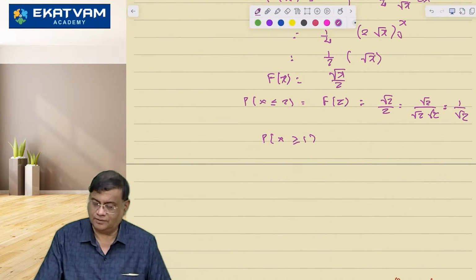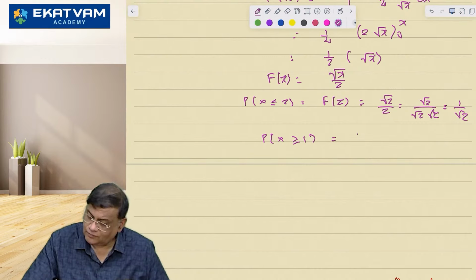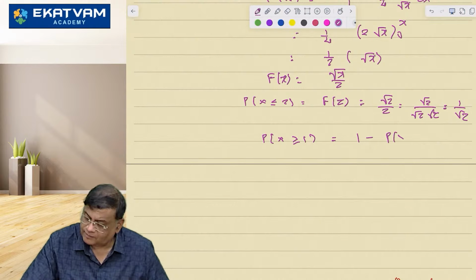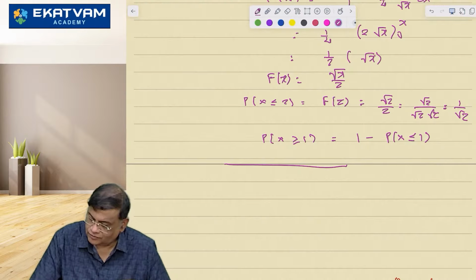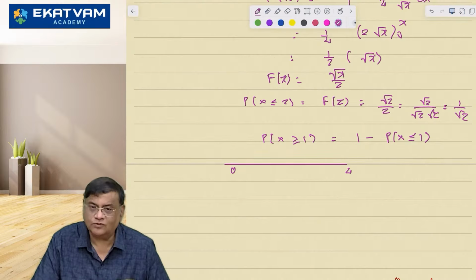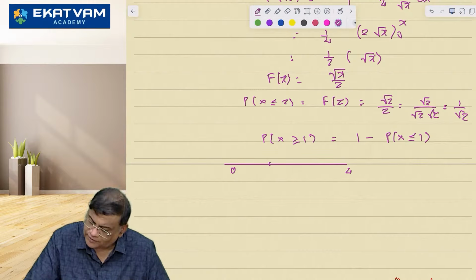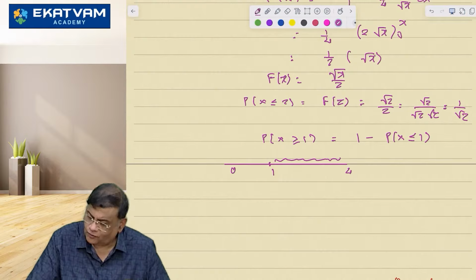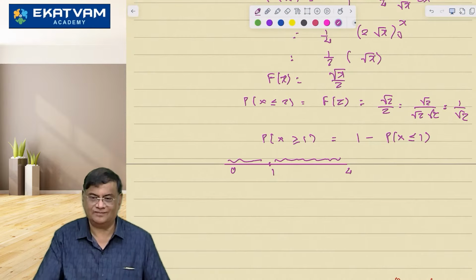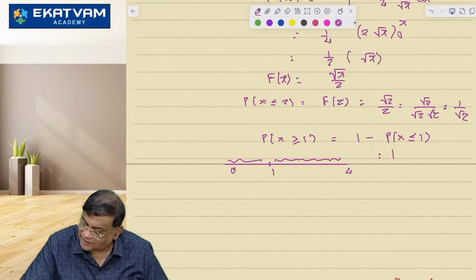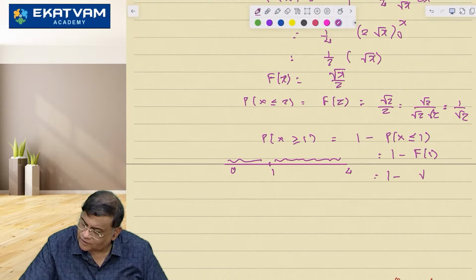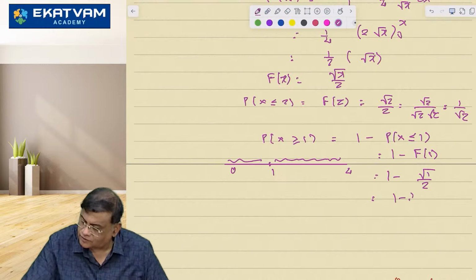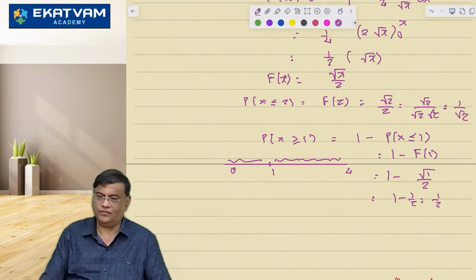But remember, greater than or equal to 1 can be written as 1 minus probability of x is less than or equal to 1. करेक्ट ना? समझा ना? डायग्राम से समझो. 0 to 4 इसमें ये 1 होता है, तो ये 1 to 4 मतलब 1 minus 0 to 1. बट लेस देन और इक्वल टू मतलब CDF ना, and therefore it will be 1 minus root 1 by 2 means 1 minus half, which is half. Fantastic question.